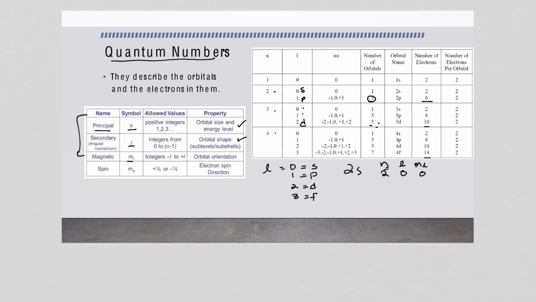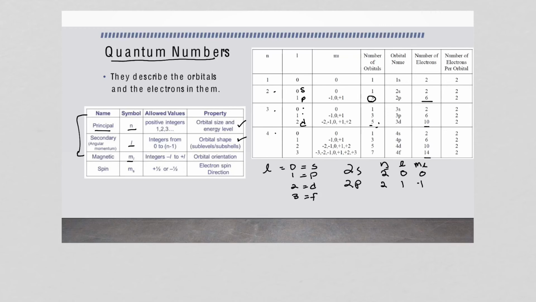Now that's going to be different than, say, a 2p orbital. If we get specific, we'll say it's the 2px orbital. Well, it's going to have an n of 2, but it's a p, so it's going to have an l of 1. Now, we don't really get into distinguishing it, but it's going to have one of the possible M sub L values. So let's say the x is the -1.